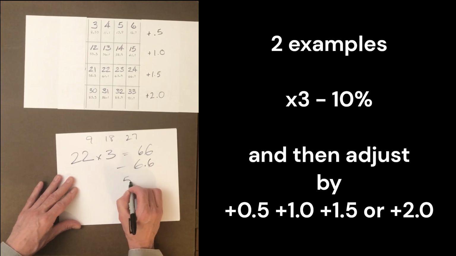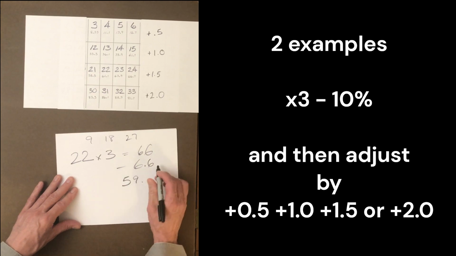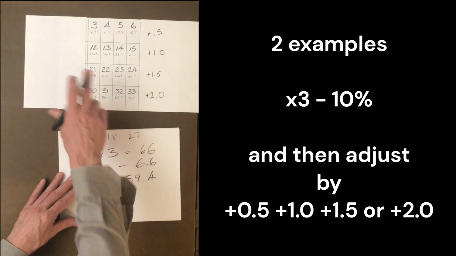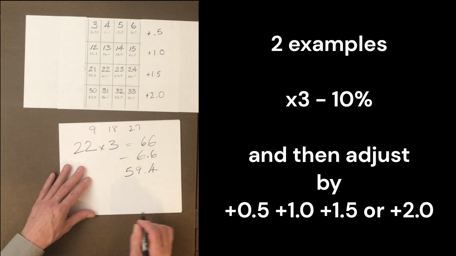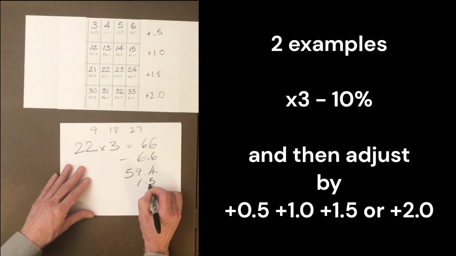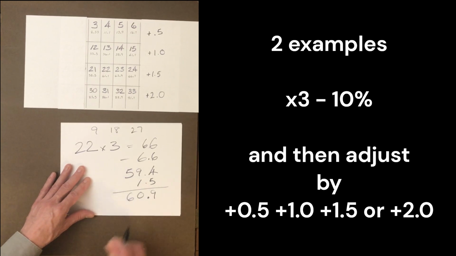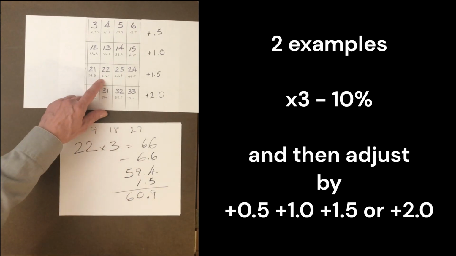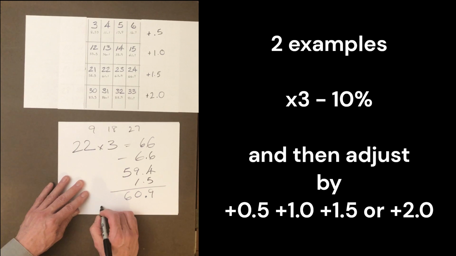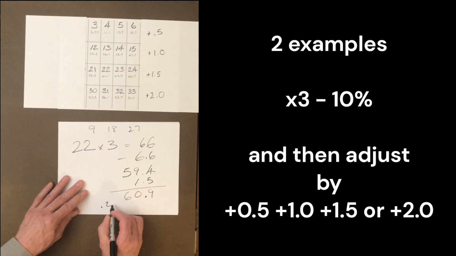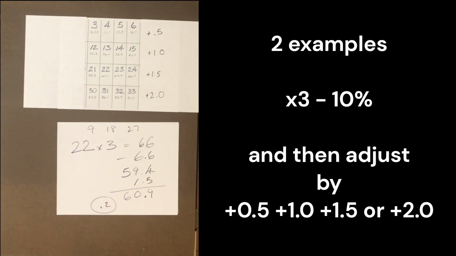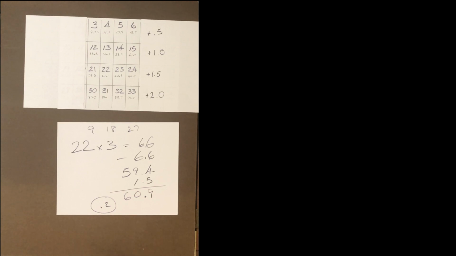So this gives us 59.4. And in our third line, we're going to add 1.5. So it gives us 60.9. The actual answer is 61.1. So that puts us within 0.2%. Now that's pretty accurate.